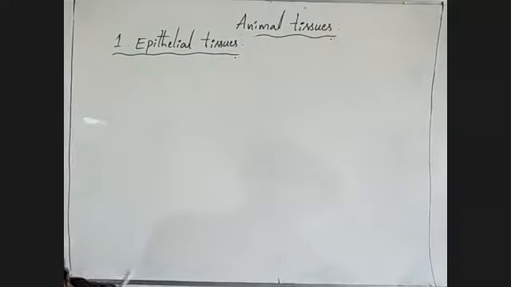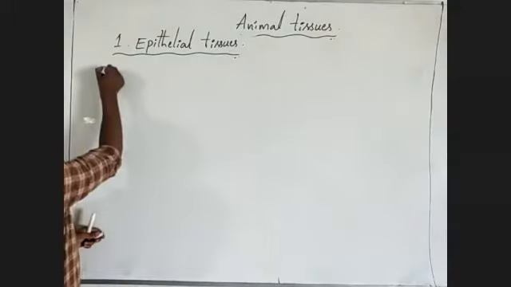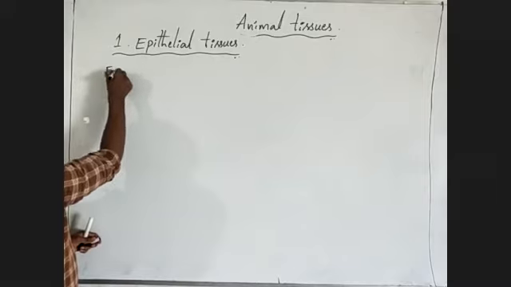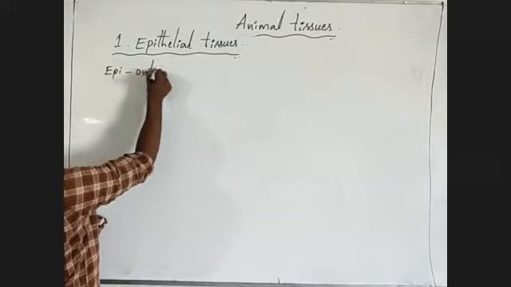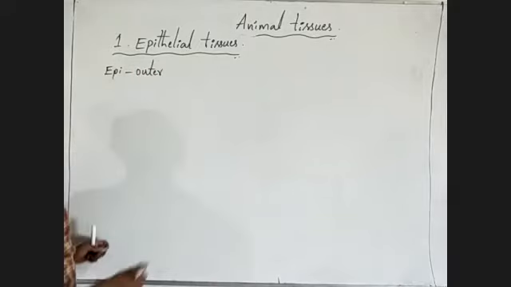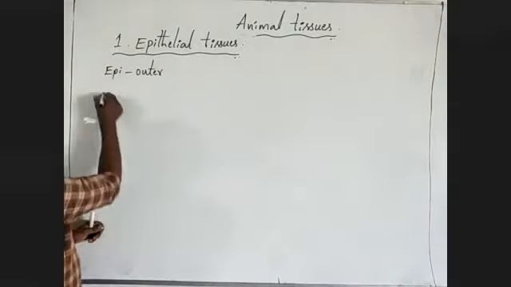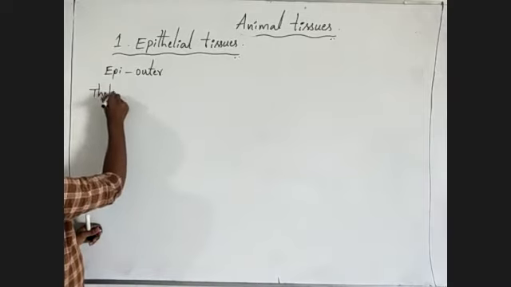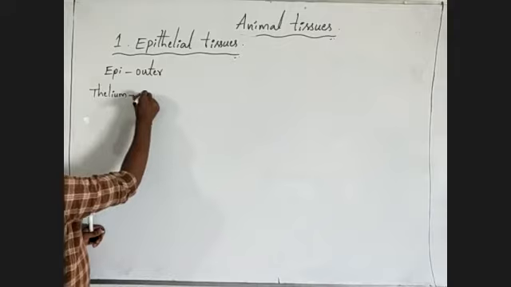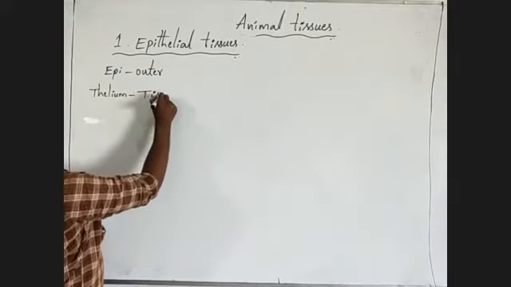Okay, epithelial. Epi means upper or outer. Cilium means tissue.